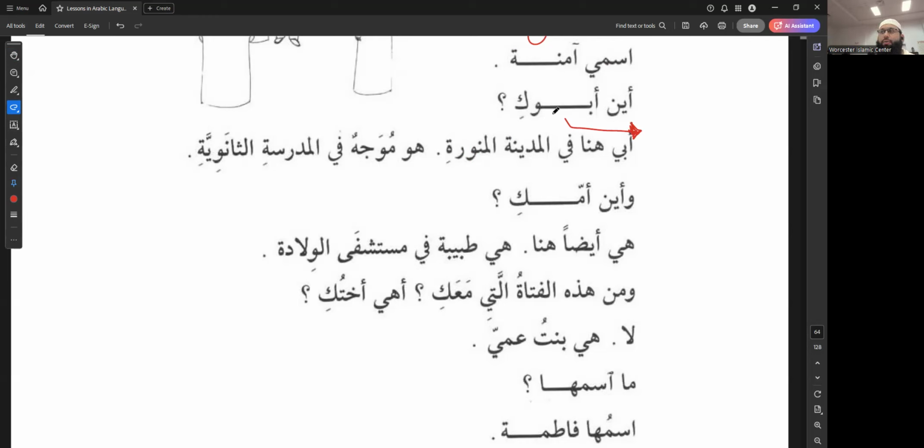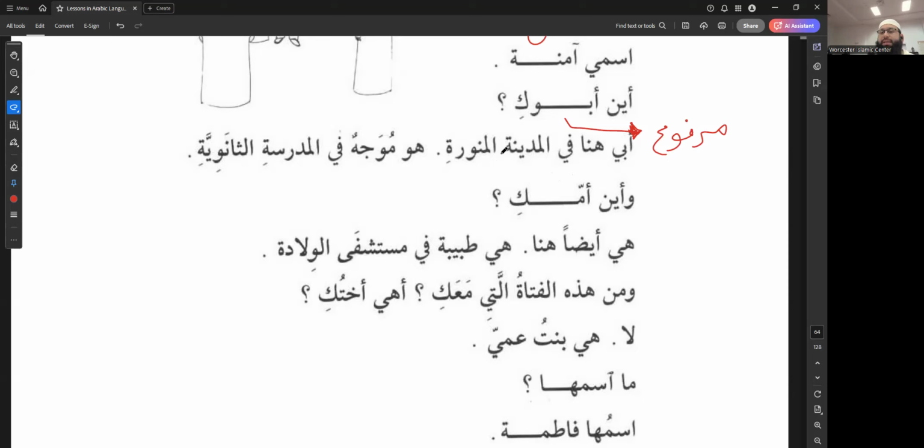The wow is like the dhamma, the alif is like the fatha, and the ya is like the kasra. Abu, abuki, abaki, and abiki. So which one would this be? The wow is like a dhamma, so therefore this is مرفوع. Good job.